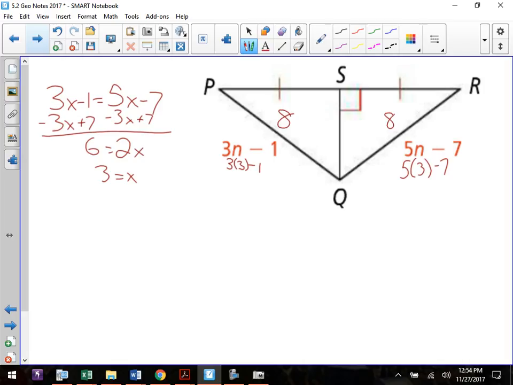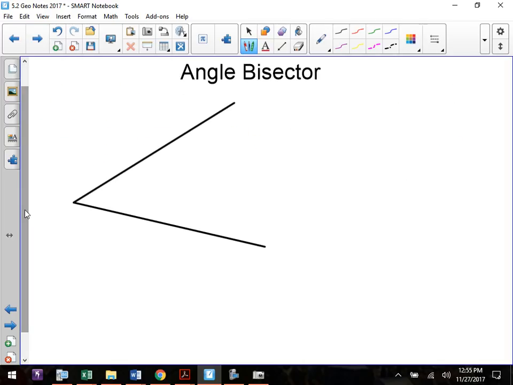Which gets us to be able to then switch and talk about angle bisectors. What do you think angle bisectors do? I'm sure it sounds like they bisect angles. Okay, I'm going to go out on a limb on this one.